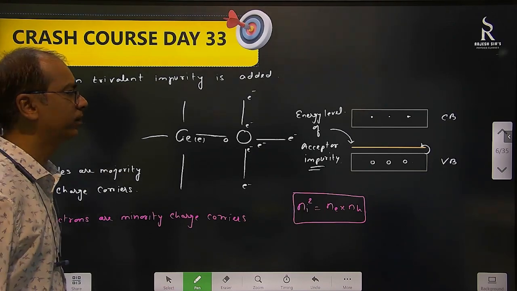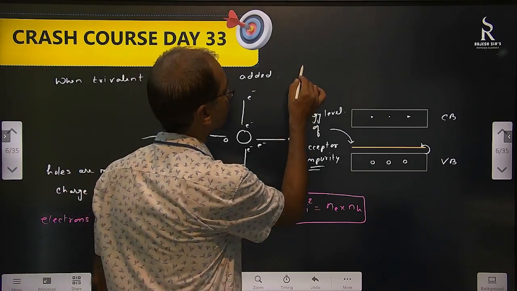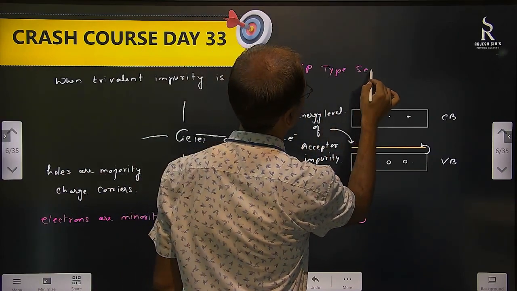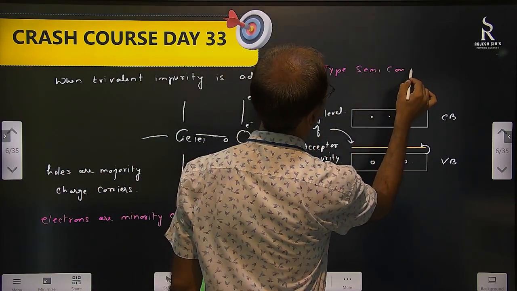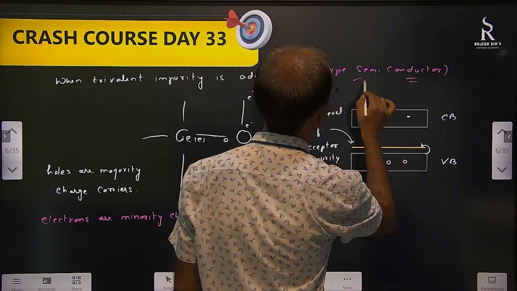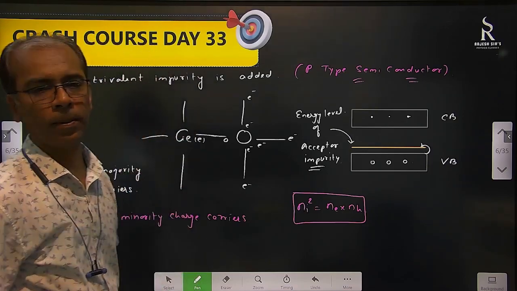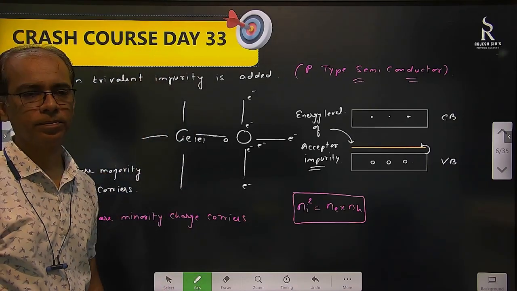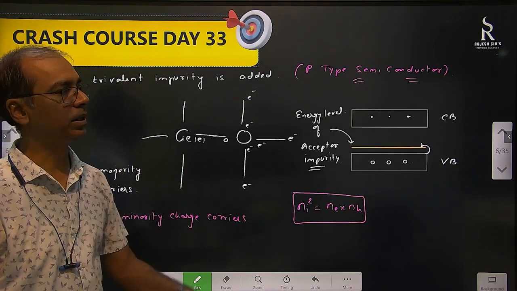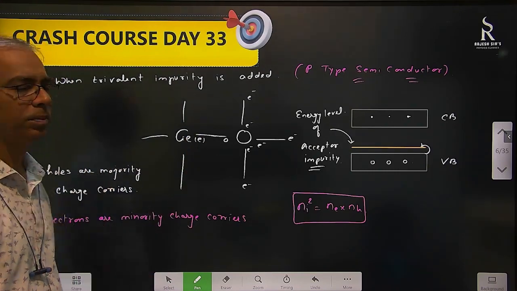Now, which kind of semiconductor do we call this? We call this a p-type semiconductor, because in this one holes are leading. They are responsible for conductivity, and holes are considered positive as compared to electrons. So P means positive type semiconductor.